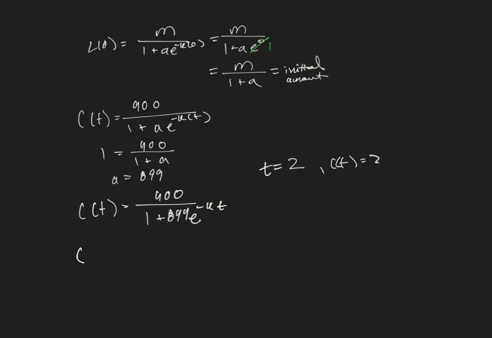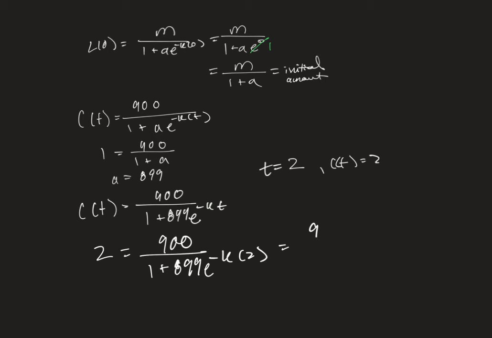So we have C of 2. Oh, sorry. Actually, I want to erase that. Make that equal to 2. 2 equals 900 over 1 plus 899 e to the negative k times 2. Right, and we'll need a calculator to solve this as well.